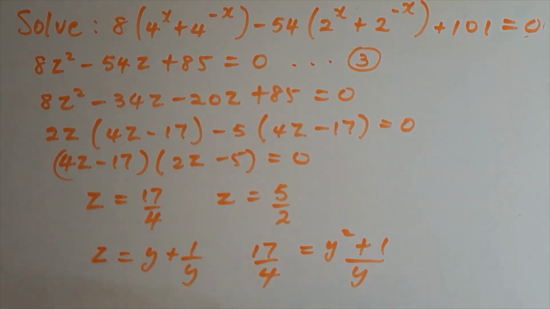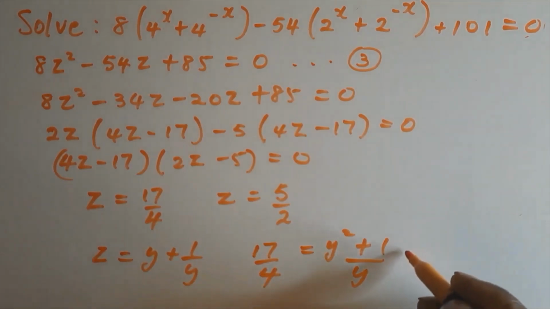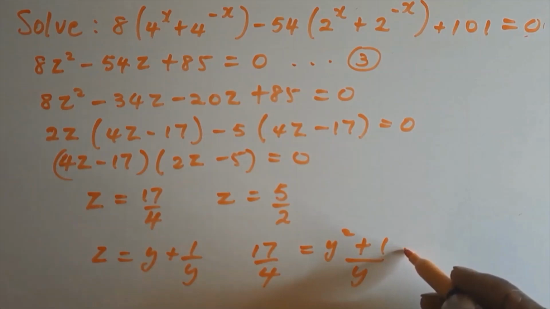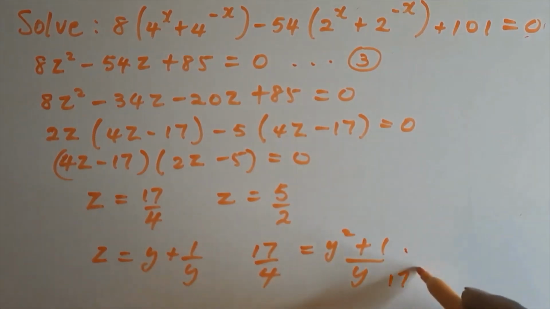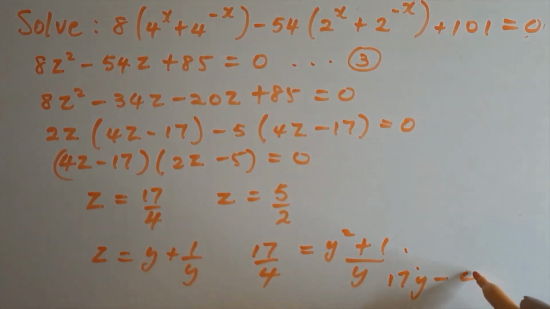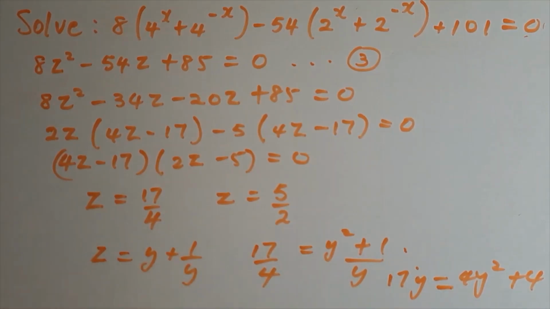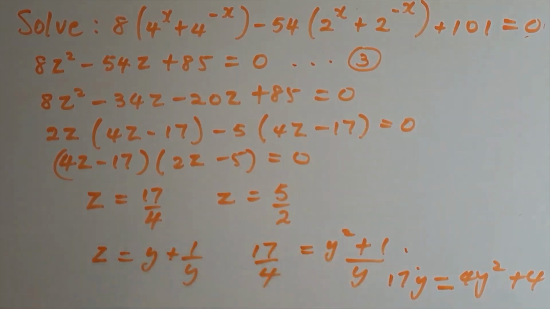And this allows us to write this being equal to 17y minus 4y squared add 4. So 17y is equal to 4y squared add 4. We cross multiply here, 17y equal to 4y squared add 4.